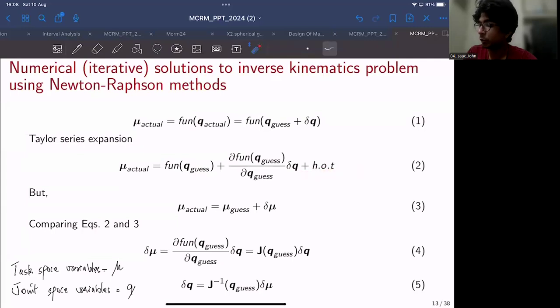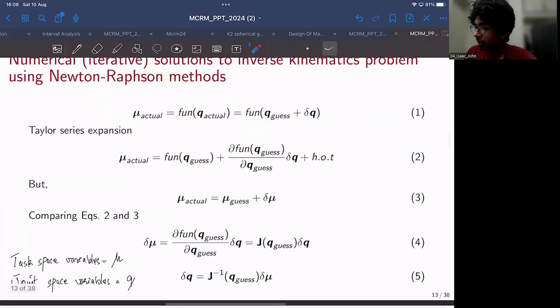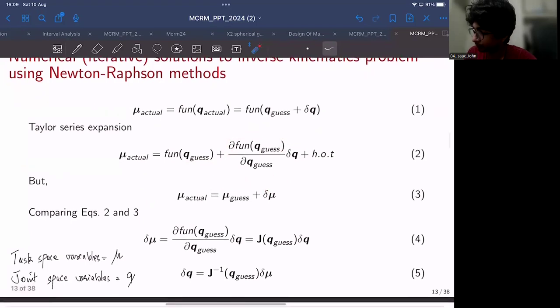If you consider the step size to be very small, you can consider these higher order terms to be negligible. So f of q guess, the forward kinematic mapping of q guess, would be mu guess, plus the remaining term dou f by dou q into delta q, which we can call delta mu.